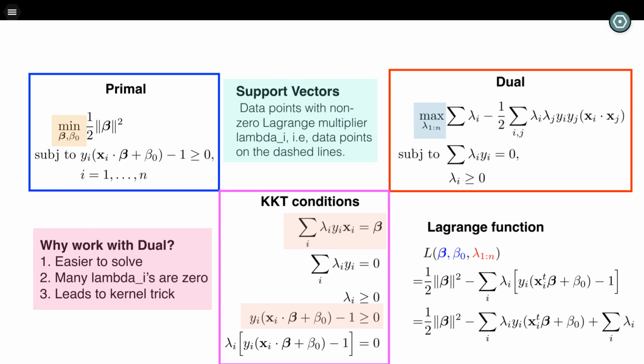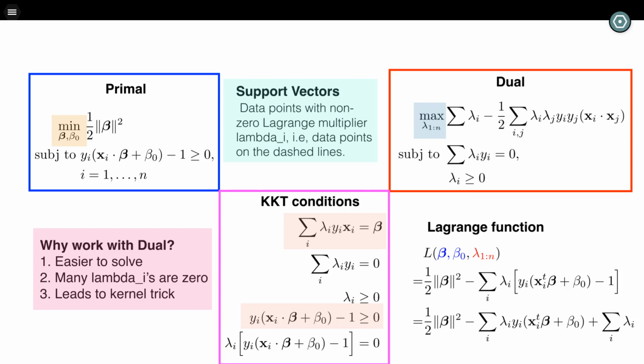We want to maximize the margin subject to the constraints, and the arguments are the p-dimensional slope beta and the intercept beta 0. Although beta 0 does not appear in the objective function, it is in the constraint. So for the primal, the parameters we aim to estimate are p plus 1 dimensional, the coefficients and intercept of a linear function.